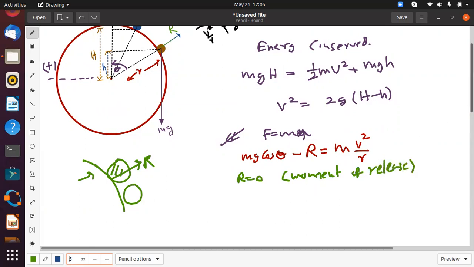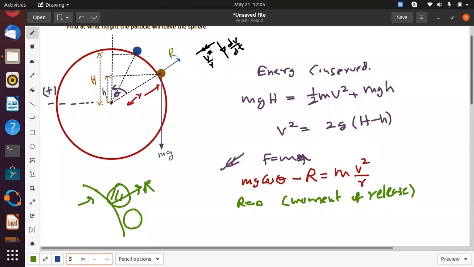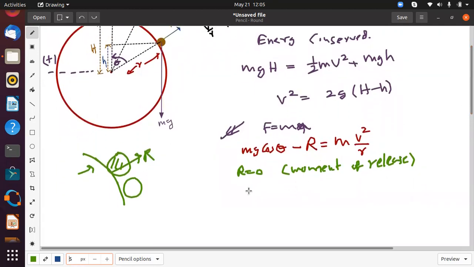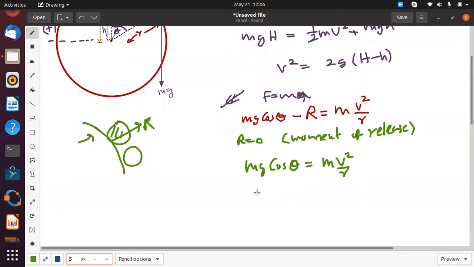So we can apply R equals 0 to this equation, because we want to find the height at which it is released. So mg cos theta equals mv squared over r. The m goes off and we get g cos theta equals v squared over r. Now what is v squared?